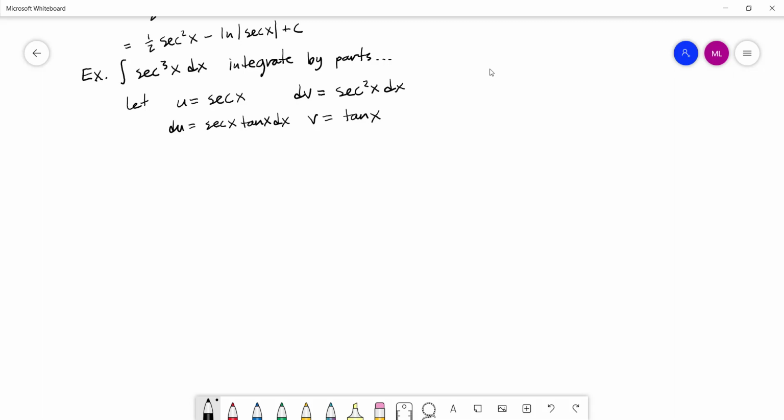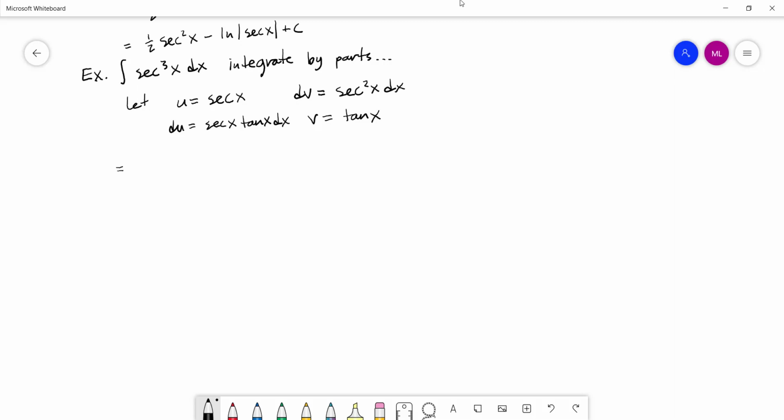And so what we get is my integral of u dv, secant cubed dx, is going to be, so remember our integration by parts, this thing will be the same as u times v minus the integral of v du.